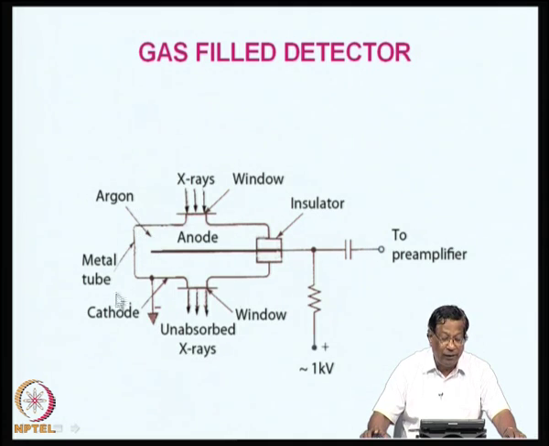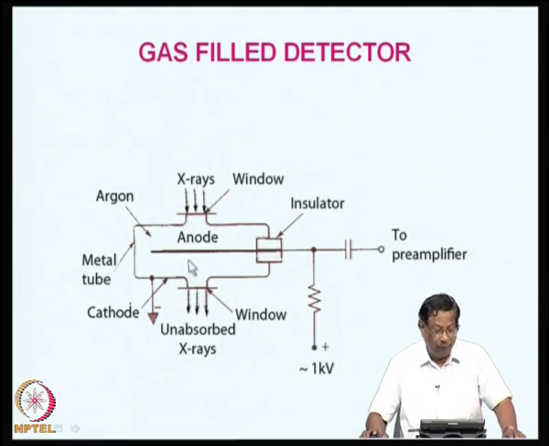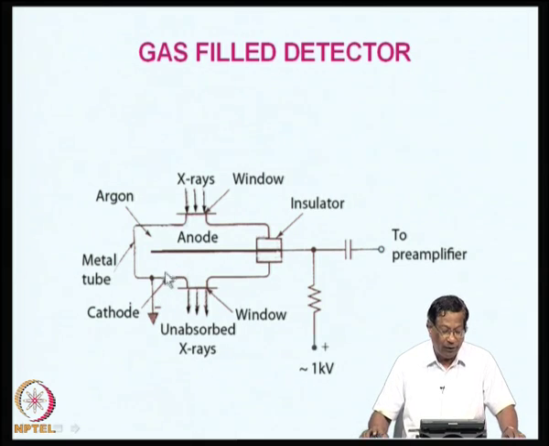Here argon is filled and another window is here. There is a cathode here, there is an anode here. So, the cations will move towards this side and electrons will move towards the anode, and the amount of current generated is to be amplified and used.